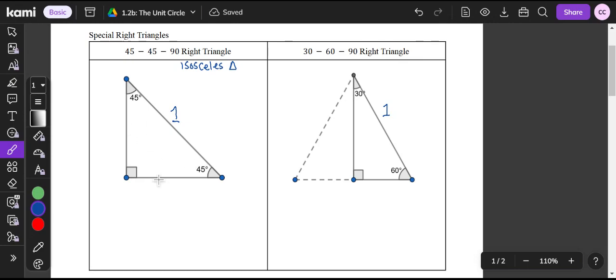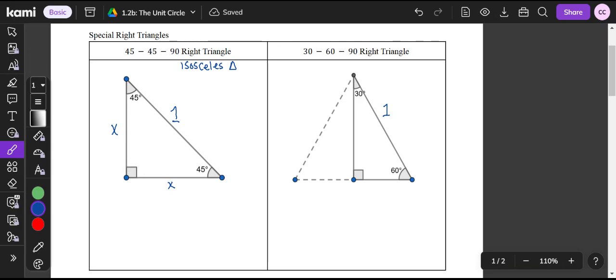So if I don't know the value of this side, I'm going to call it x, but I do know that the other side needs to be the same because it's an isosceles triangle. So you have two unknowns here, but you know the hypotenuse. There is a special formula you all should remember: the Pythagorean theorem. It helps us determine the side lengths of a right triangle.